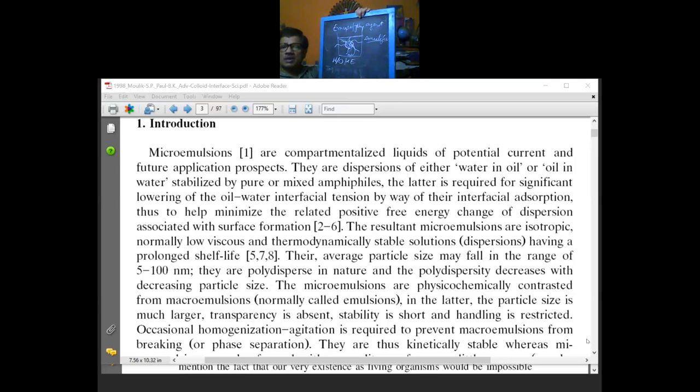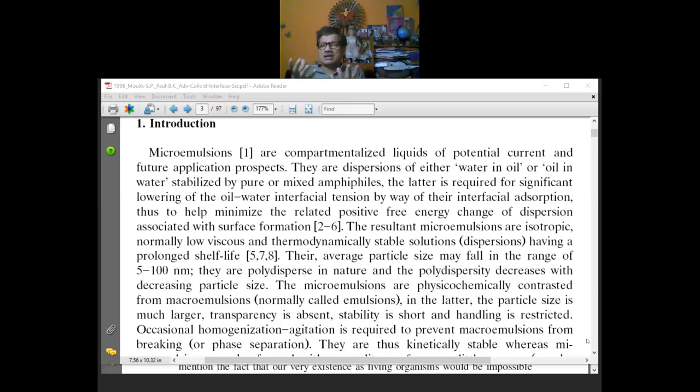So what is an emulsion? We know emulsion is a dispersion of two immiscible liquids, when one liquid is dispersed into the other liquid with the help of an emulsifying agent or surfactant.